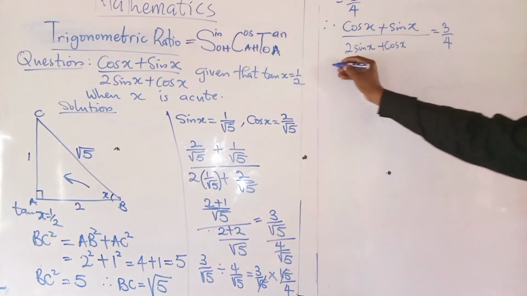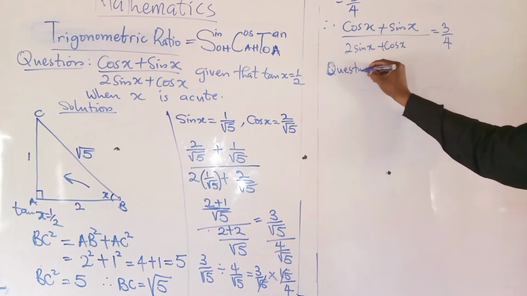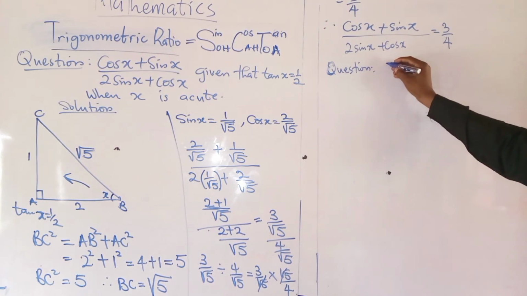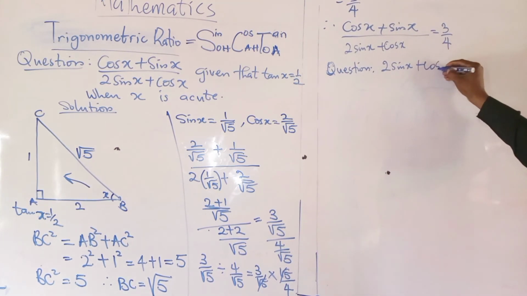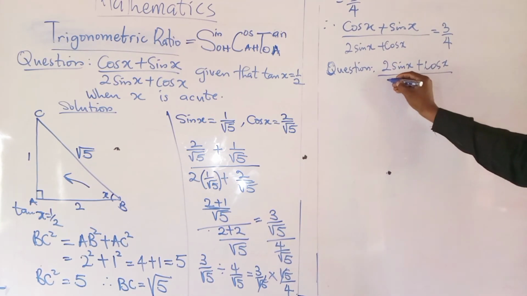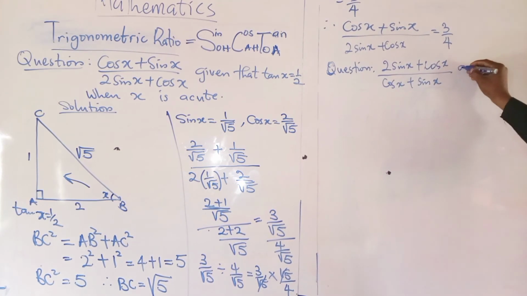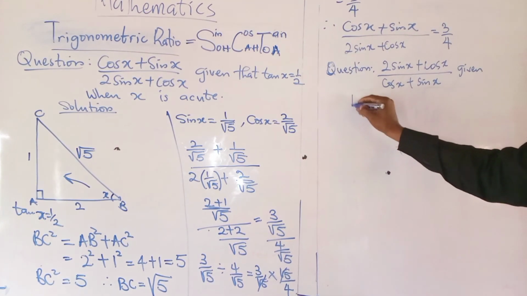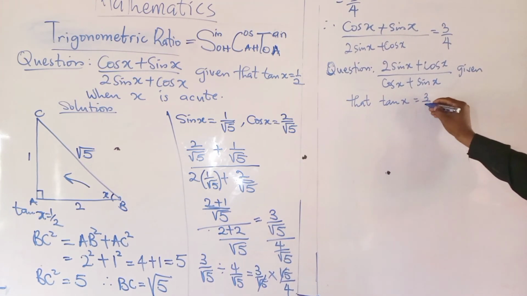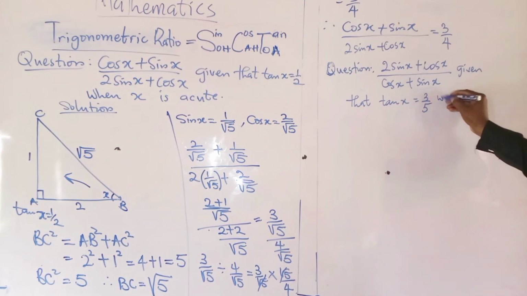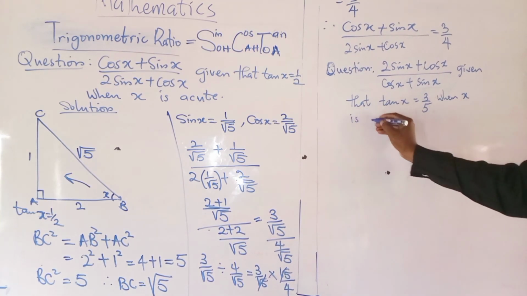You can solve this question. Try this: 2 sine x plus cos x divided by cos x plus sine x, given that tan x is equal to 3 divided by 5 when x is acute.